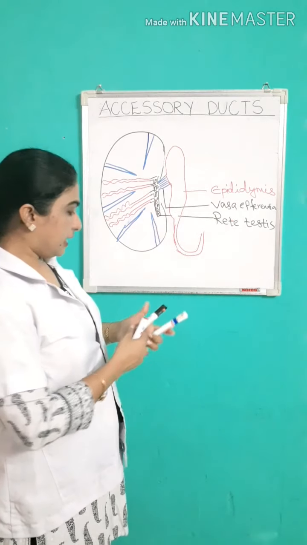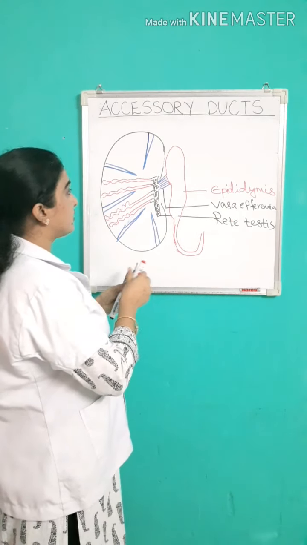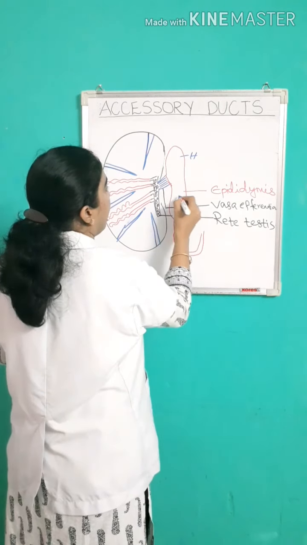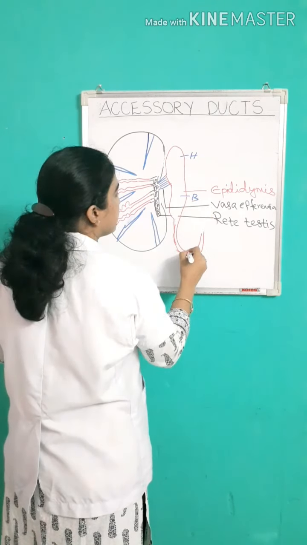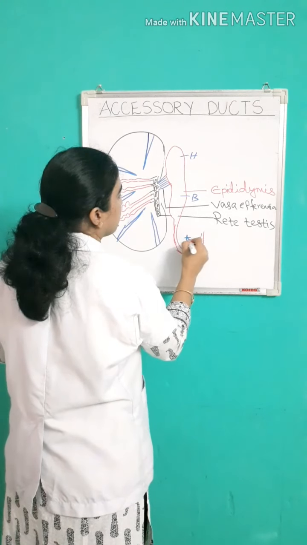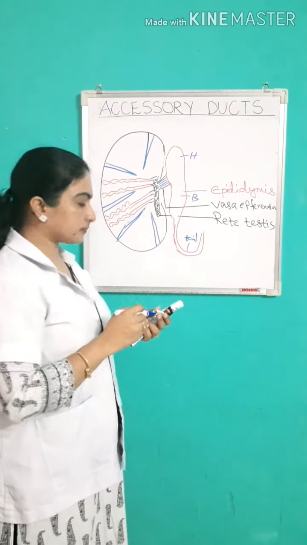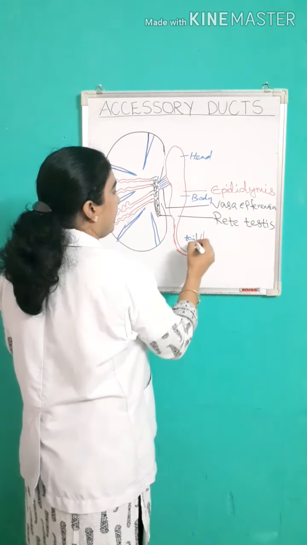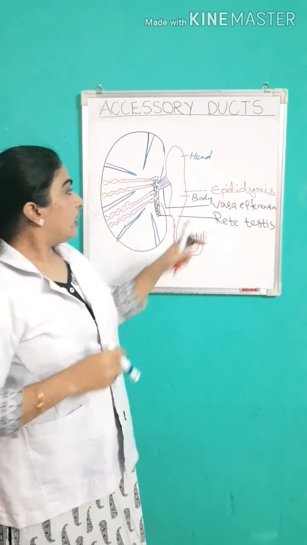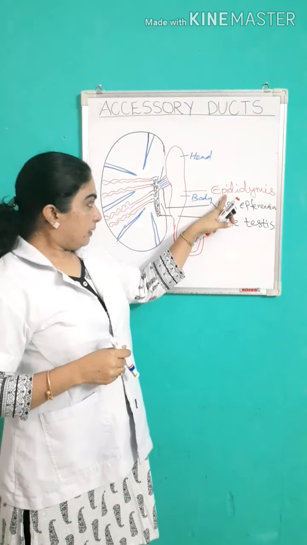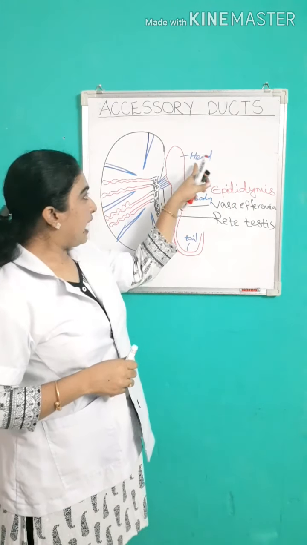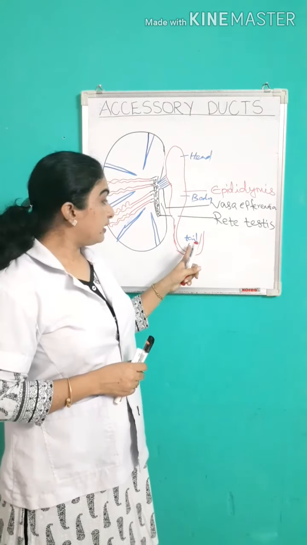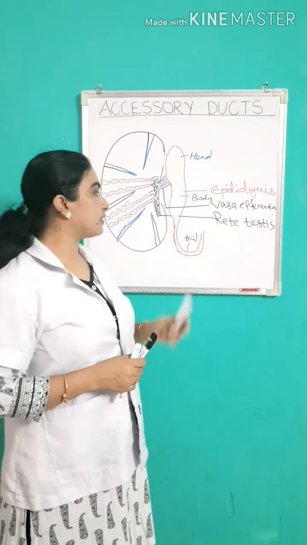And this epididymis consists of three parts: this is the head part, this is the body part, and this is the tail part. So epididymis consists of head, body, and tail. The tail region is actually a coiled structure.